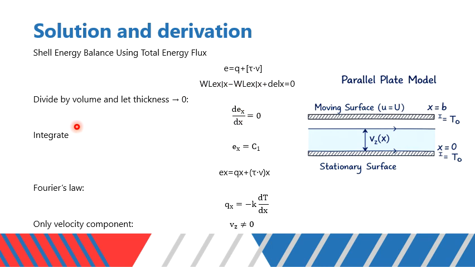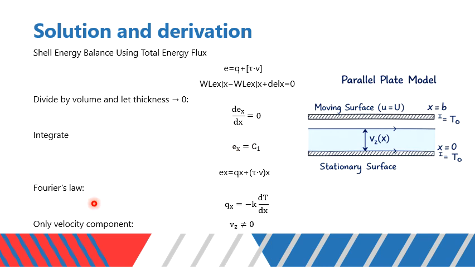Now we will integrate: d Ex by dx is equals to 0, almost 0, because of very small clearance length, and so therefore Ex is equals to C1 first.